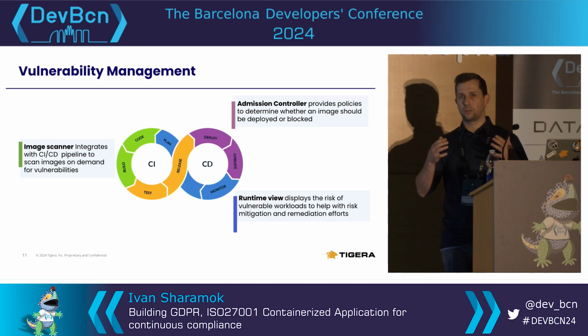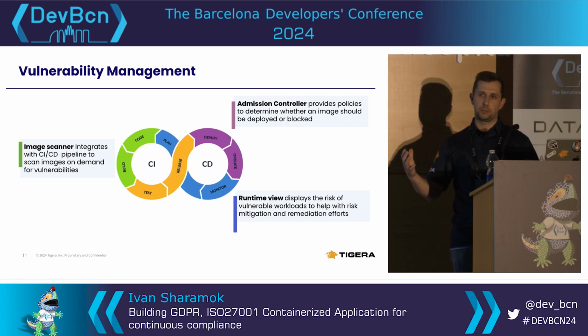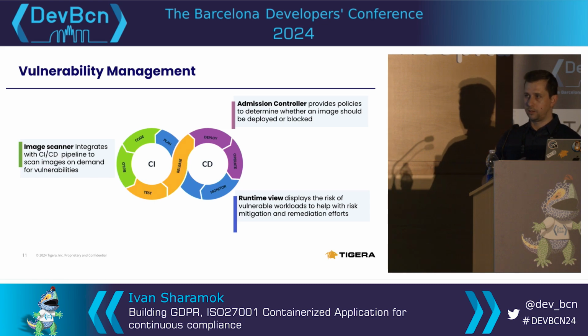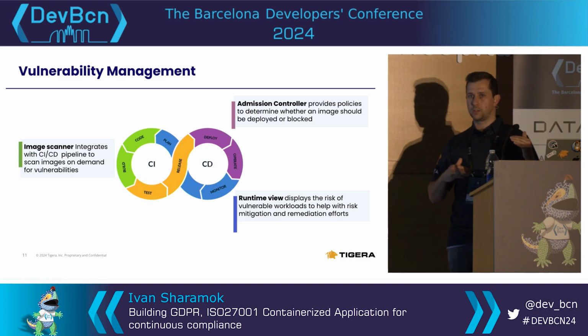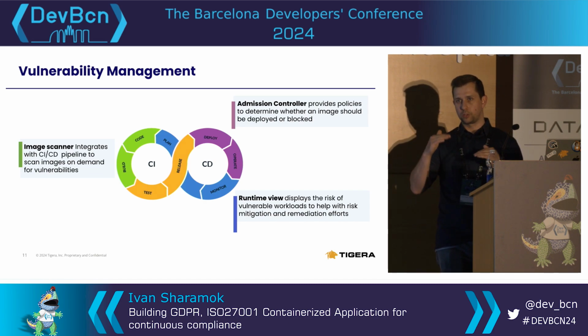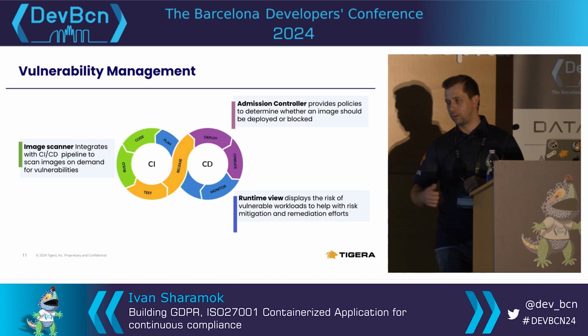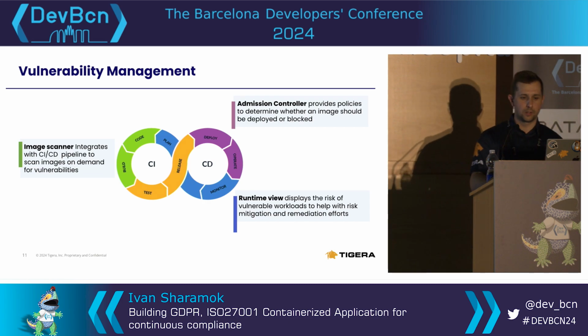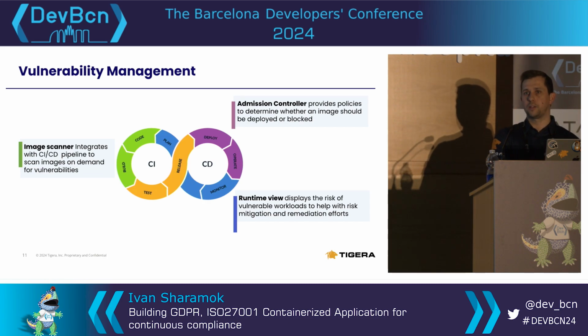You deploy a policy for the admission controller to decide what is allowed to be deployed in the cluster. If the image doesn't pass the scan, at what level? Did it pass? Did it get a warning? Did it get a fail result? And what is the threshold to get that result? Then with admission controller policies, you can decide what to do with that, whether to fail, like prevent the deployment of the image altogether.